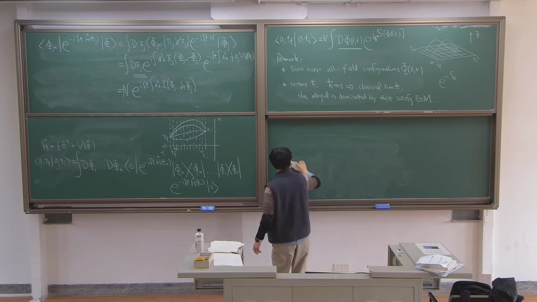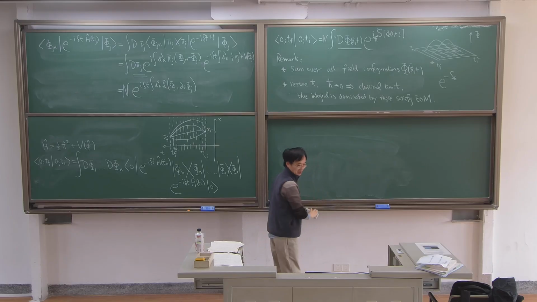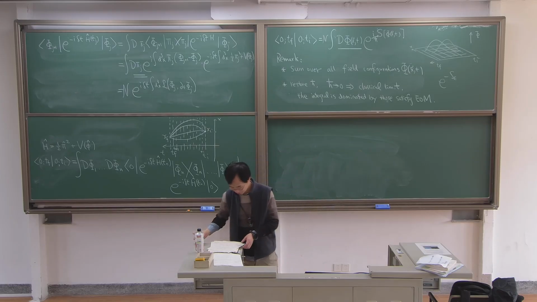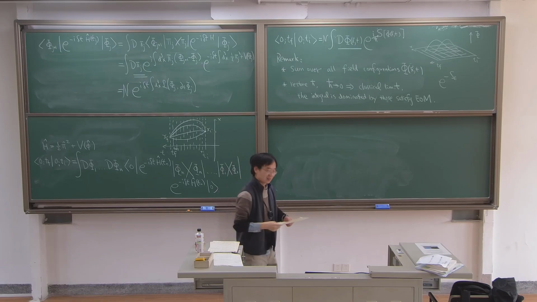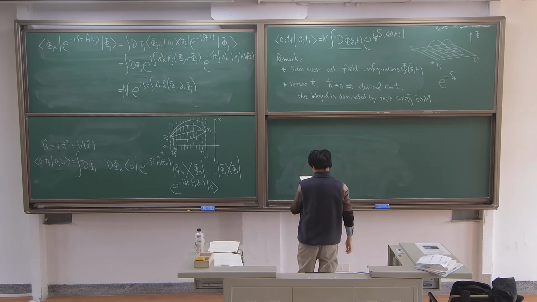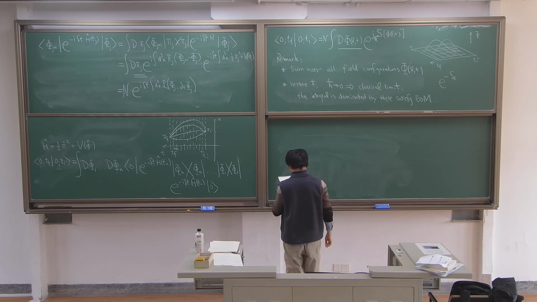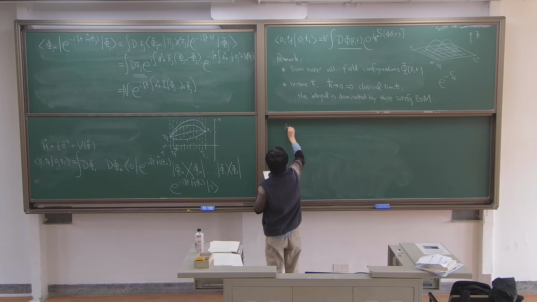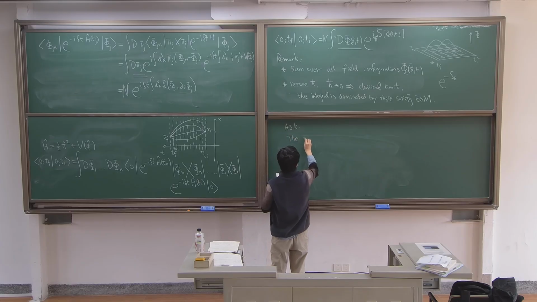We want to ask more. For example, since you already tell me this kind of formulation, before you limit it as a path integral, then I can ask, what is the meaning of something like this?